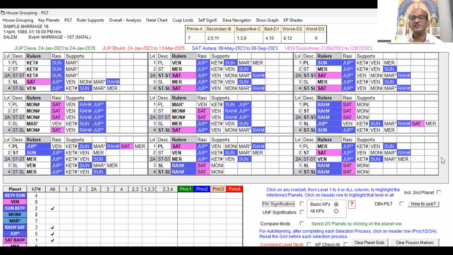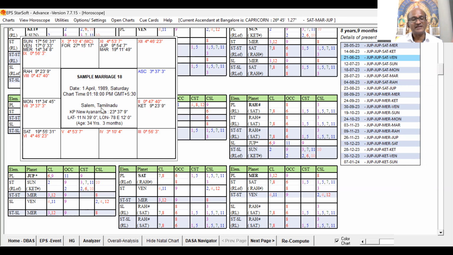No, we can give the prediction if we analyze with the basic EPS table along with our natal chart. That is enough, because we have the house grouping table, analyzer, and those things are all there, but we need not go into detail initially. We can just focus on this, which is more than enough.